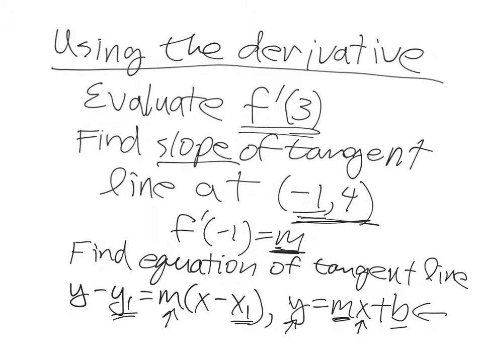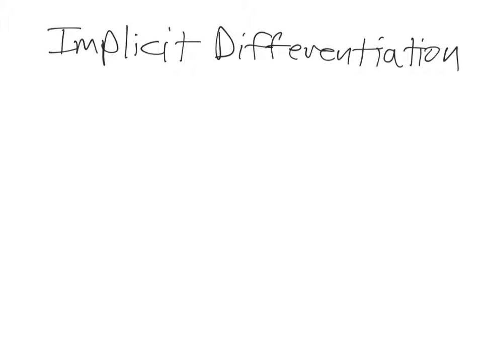Let's see, what else did we look at? Then once we got the basics of that down, our next stop was implicit differentiation. Now on these types of problems, we actually looked at a couple different types.